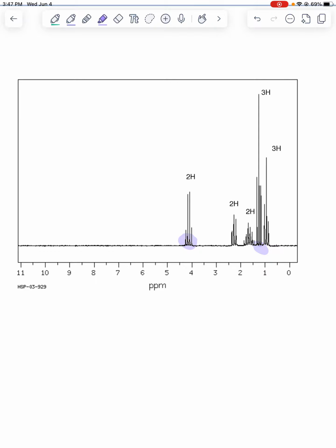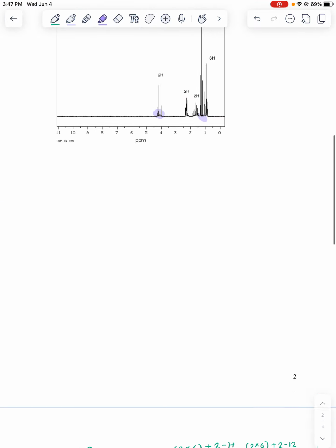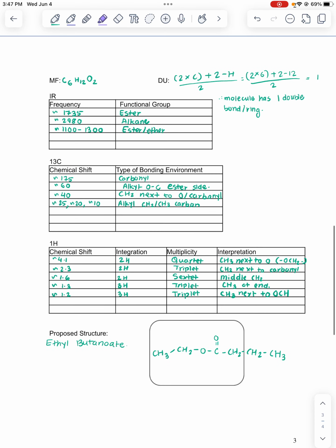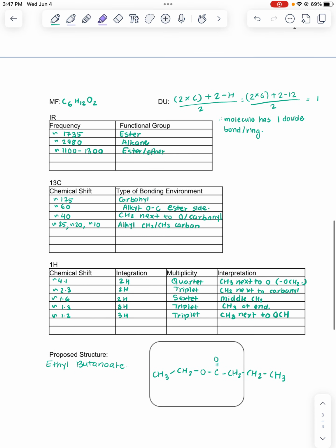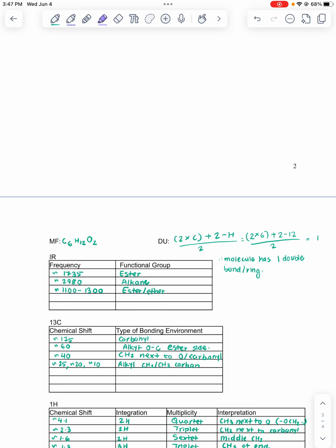So now we piece it all together, and I put everything I've explained in the table. We know it's an ester functional group, as we saw from the IR and the NMR, and the carbon framework supports an ethyl group, and the other side should have a butyl group that ends in a normal CH3.